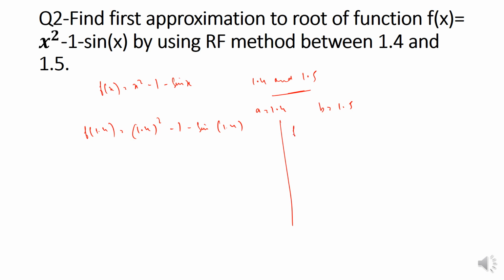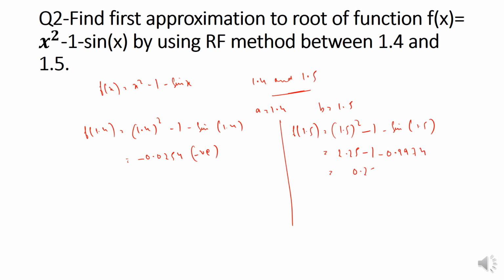Similarly, f of 1.5 is equal to 1.5 whole square minus 1 minus sine of 1.5. Using a calculator, we get f of 1.4 as minus 0.0254. This is a negative value. And this one is 2.25 minus 1 minus 0.9974, which is 0.2526. This is a positive value.